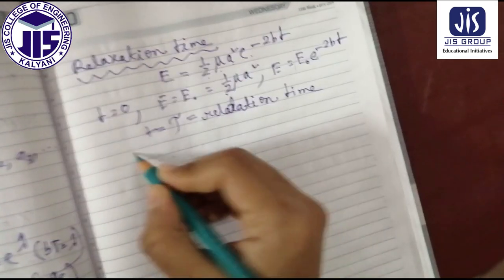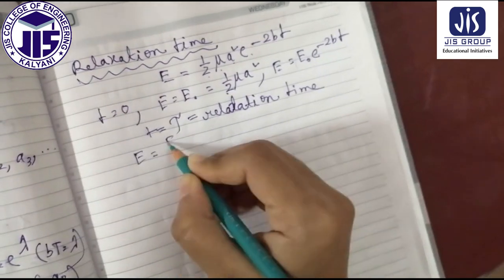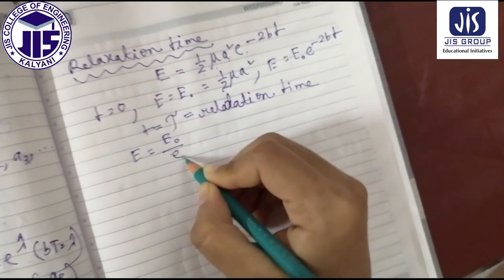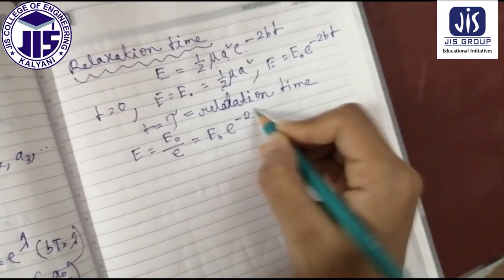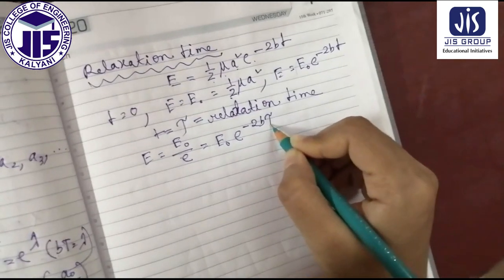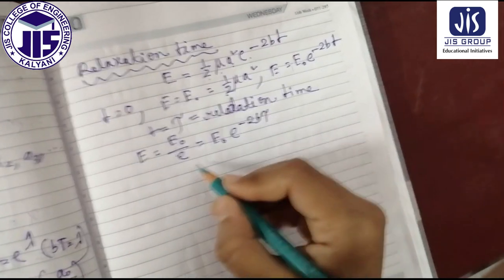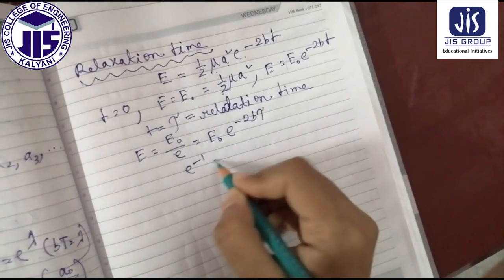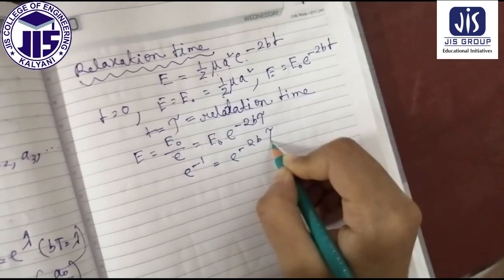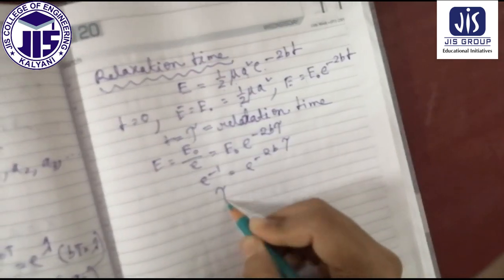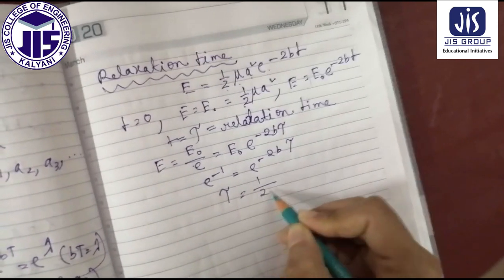Now E0 by E equals e to the power 2b tau, that is, E equals E0 e to the power minus 2b tau. So e to the power minus 1 equals e to the power minus 2b tau. Therefore tau equals 1 by 2b.